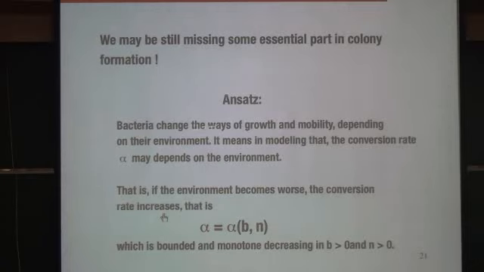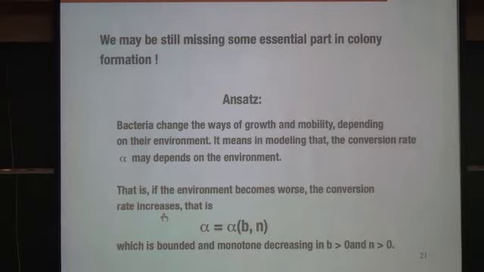Bacteria change the ways of growth and mobility depending on their environment. It means in modeling, the conversion rate alpha may depend on the environment. Alpha is the conversion rate. If alpha is very big, they can easily change from the active cell to the less active cell.